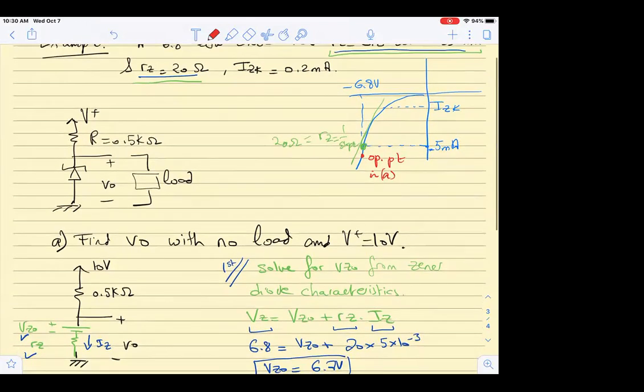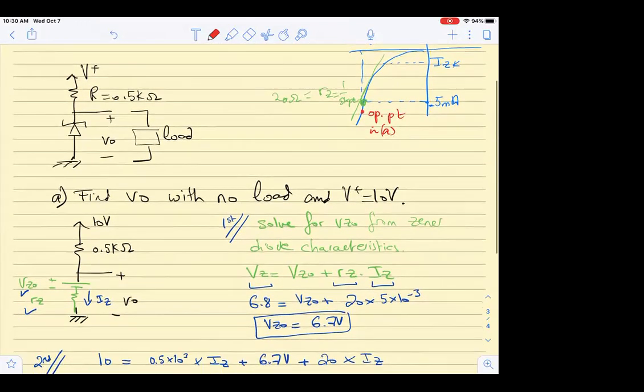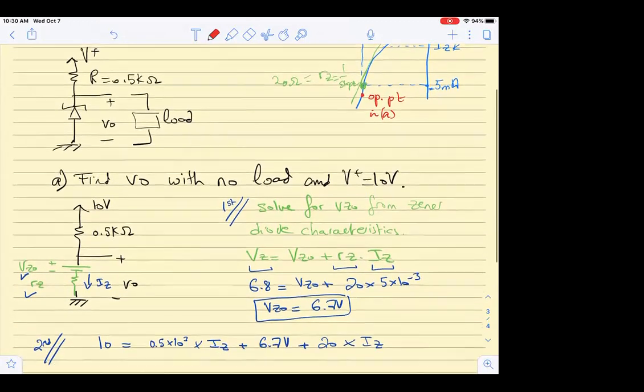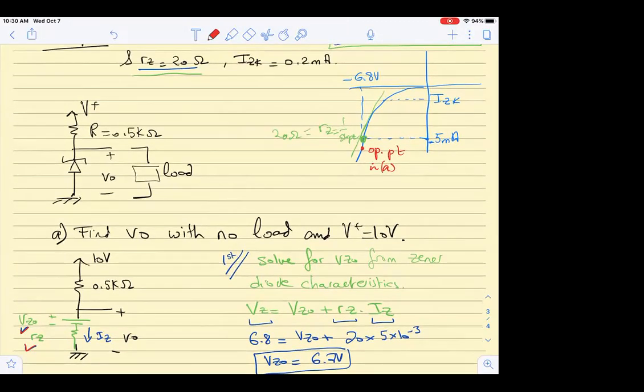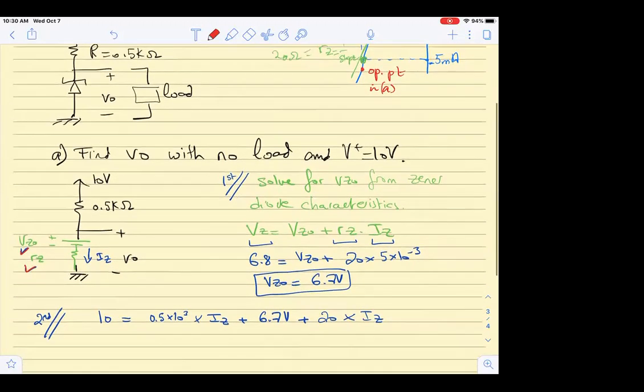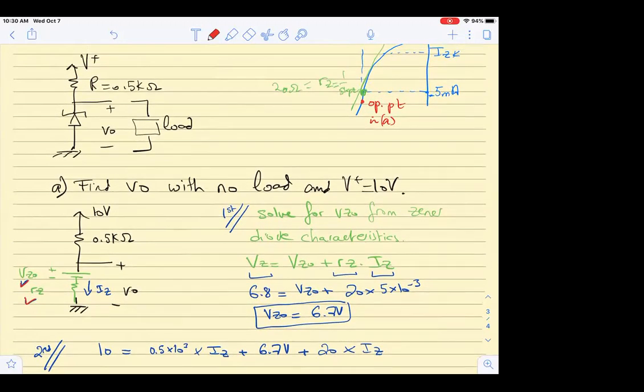Exactly. So the first thing we need to do is find the model for this diode. To know the model, I need to know VZ0 and RZ. When I put it with its model, it's going to move on this line, its solution point. So I put in the model so I can know where on this line I am.